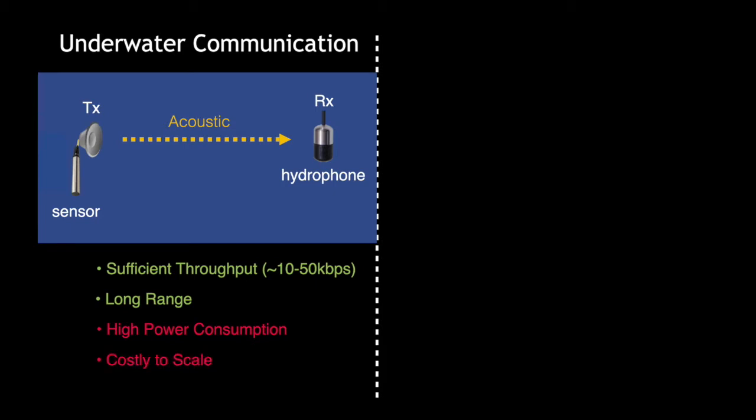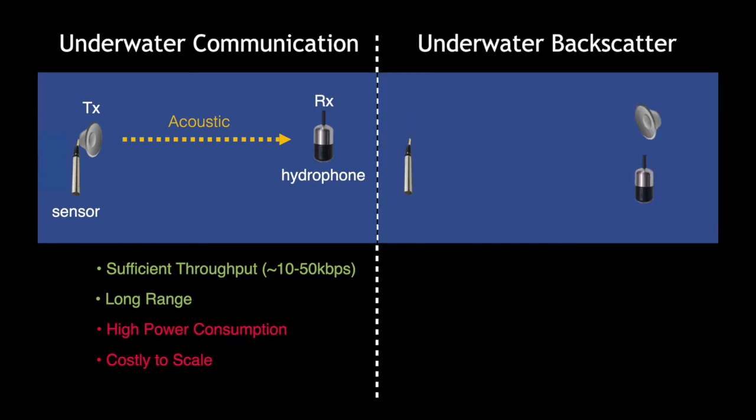To address these issues, our group last year came up with a new form of underwater communication called Backscatter. In this approach, both speaker and hydrophone are shifted to one privileged side that can be near the shore, and the sensor is equipped with the acoustic reflector.